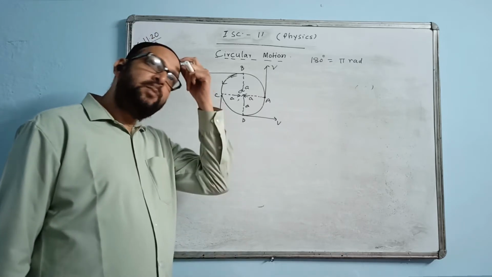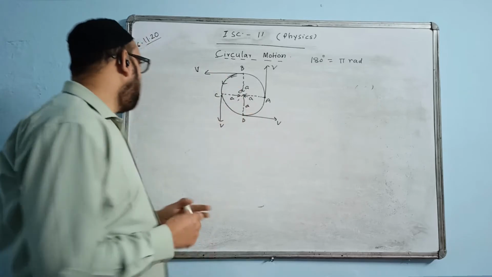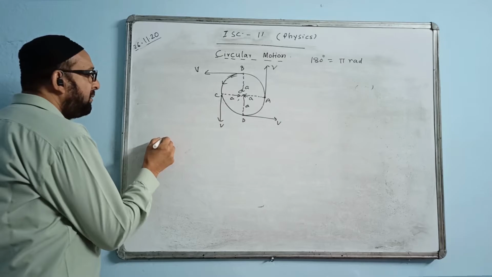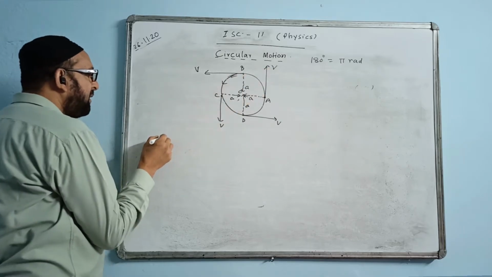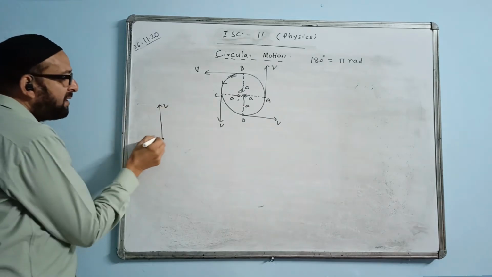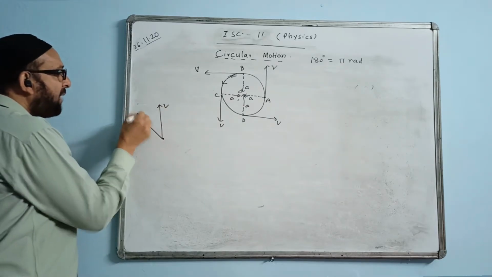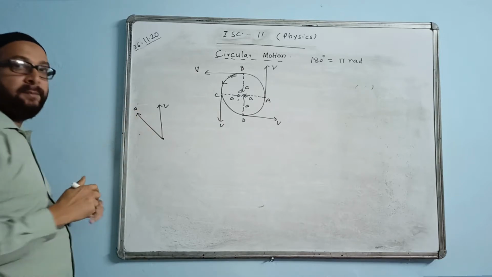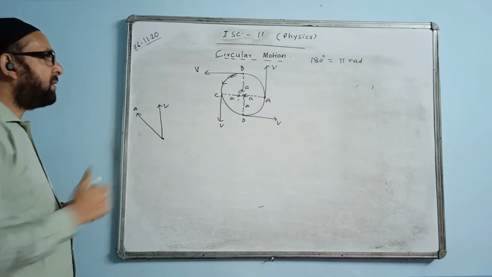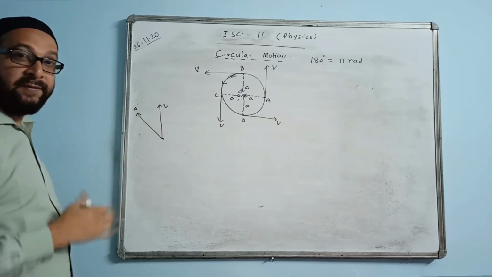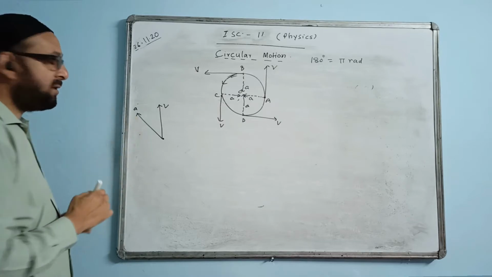Okay, you can understand this point in this manner. Suppose velocity is acting like this. But suppose the acceleration is not acting along the radius towards the center, it is acting somewhat like this.